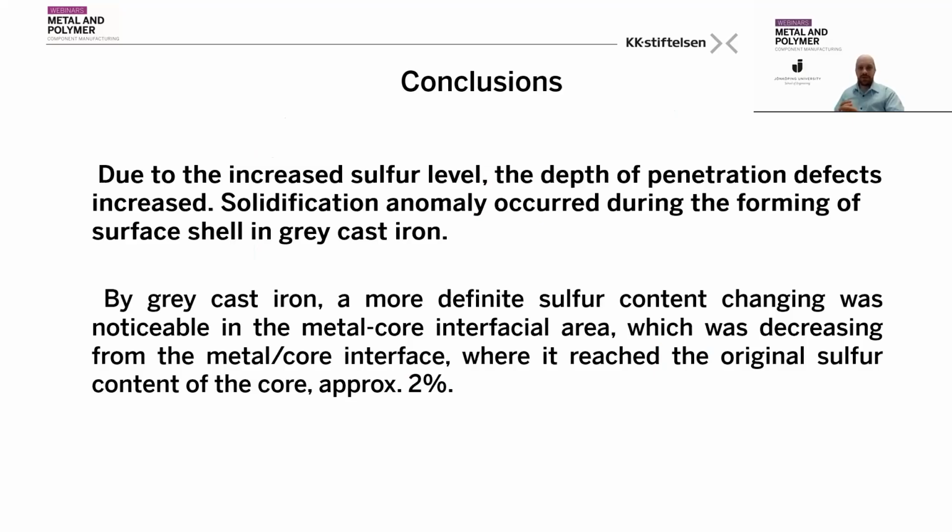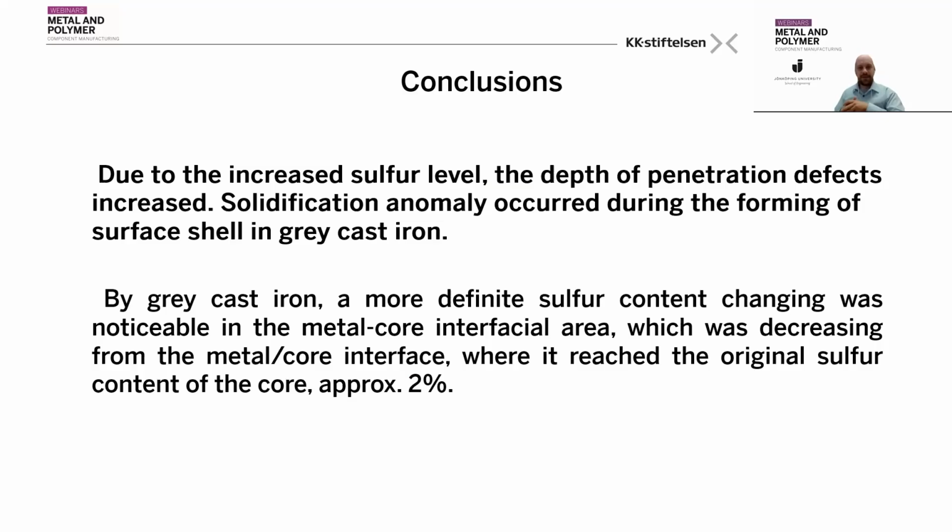So as a conclusion, due to increased sulfur level, which we made up artificially, the depth of penetration defects increase. By depth of penetration, I mean, in this case, it was a solidification anomaly that occurred during the forming of the surface shell in the gray iron casting.